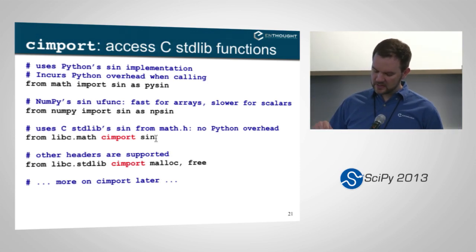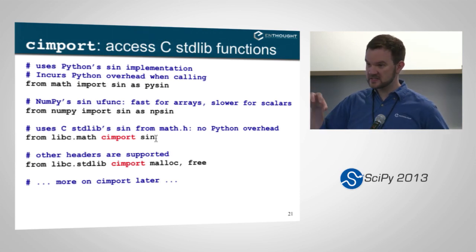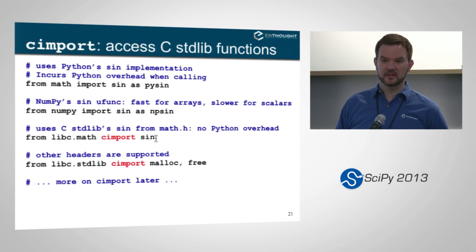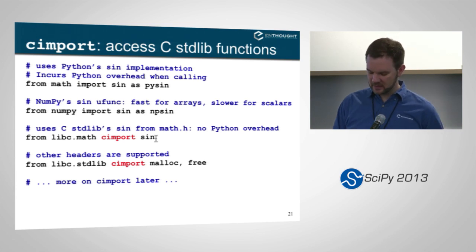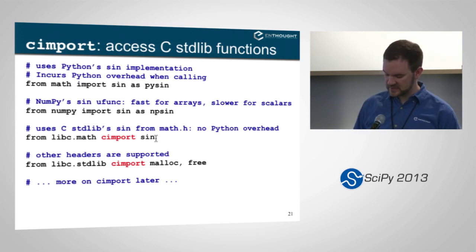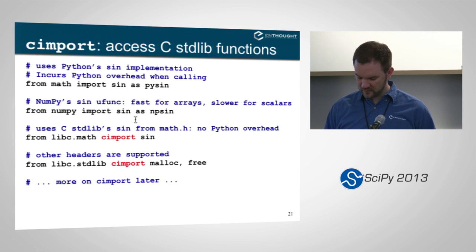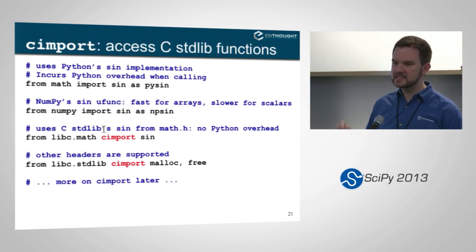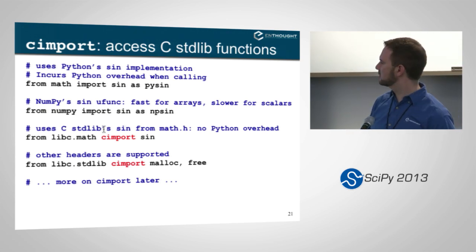So now here, let's say we want to access the sin function from the C standard library's math.h. Well, you can do that in Cython, because Cython ships with wrappers for all these standard C and C++ headers. And we can say from libc.math cimport sin.